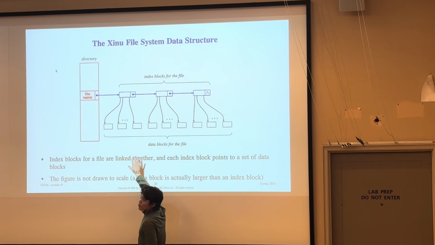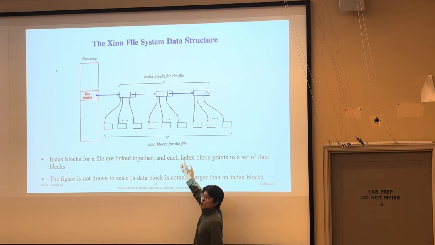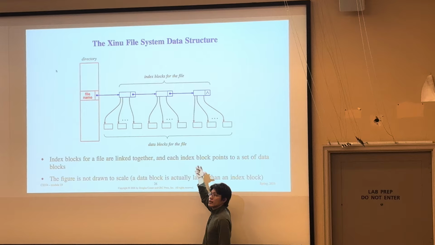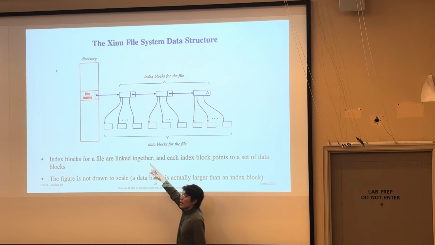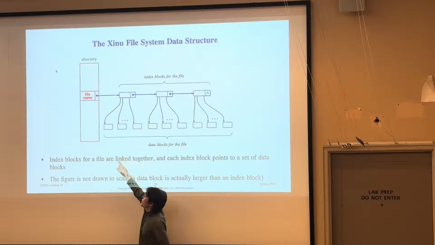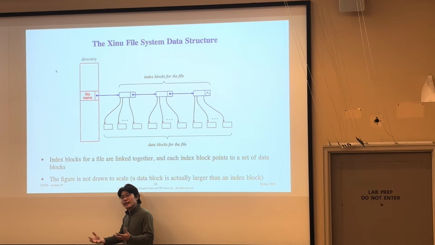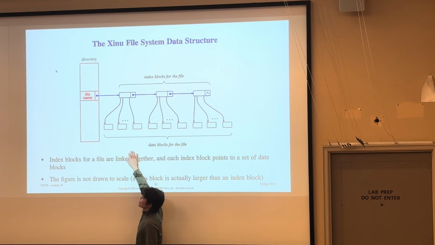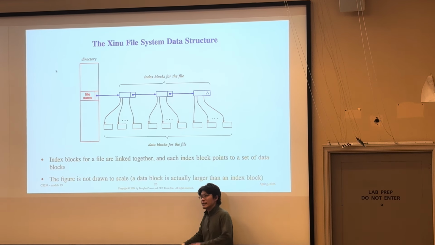This is the representation of one file in the Linux file system. It has a list of index blocks, and each index block has the indexes to an array of, you can think of it as a linked list of, data blocks. The first data block contains the first piece of data content for this file, and the second data block, third data block, these data blocks contain the file content.